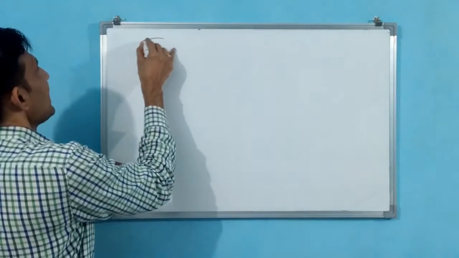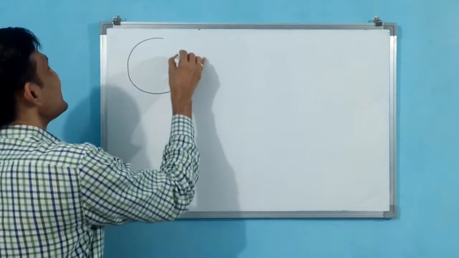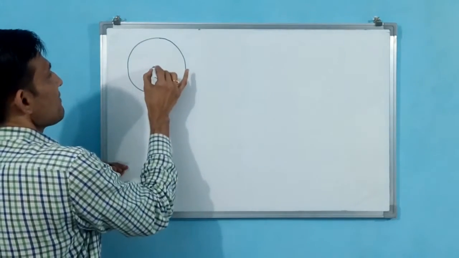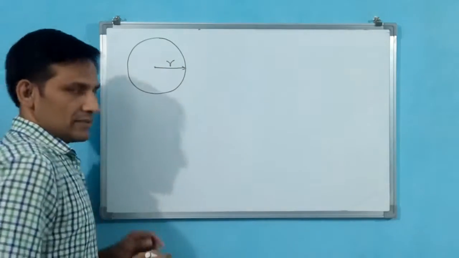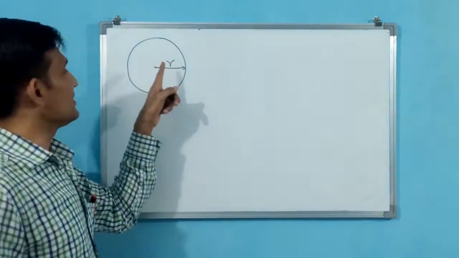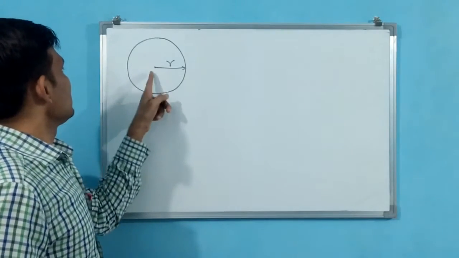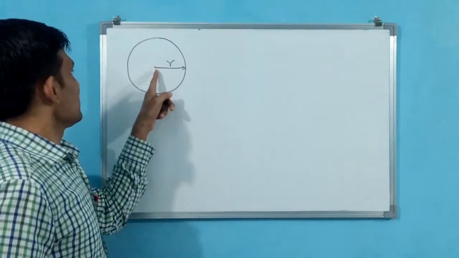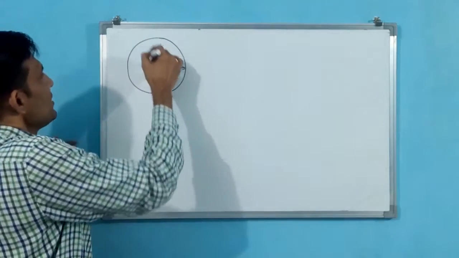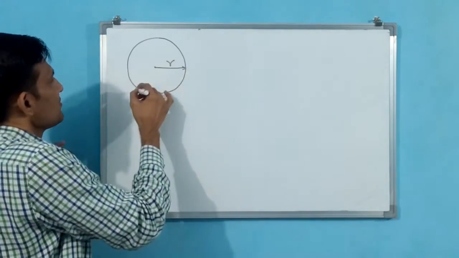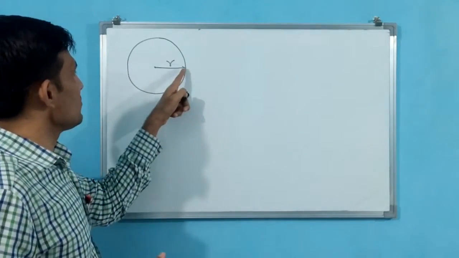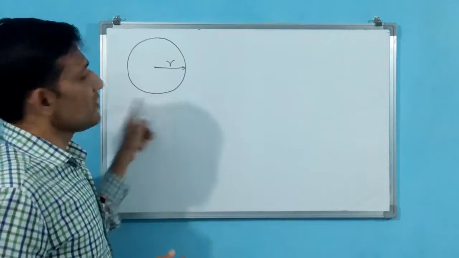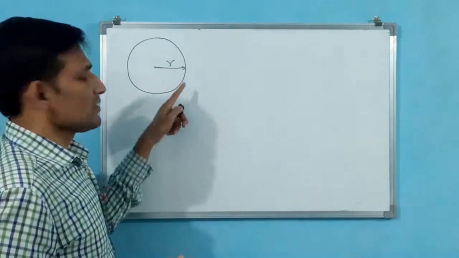Let me take circle. Circle has one center, and from center to the end is called radius. Radius is such a distance that from wherever you measure, the distance will be the same. From the center to the circular boundary the distance should be the same.